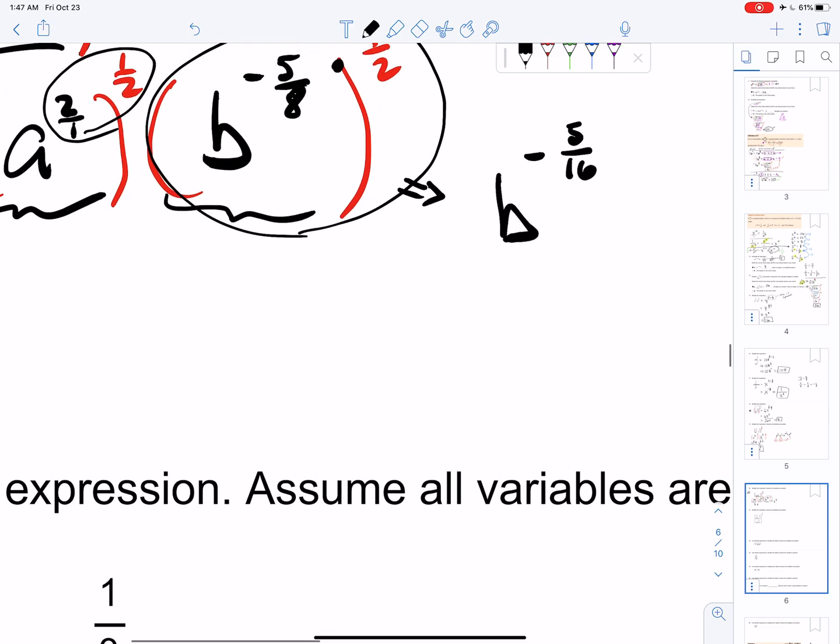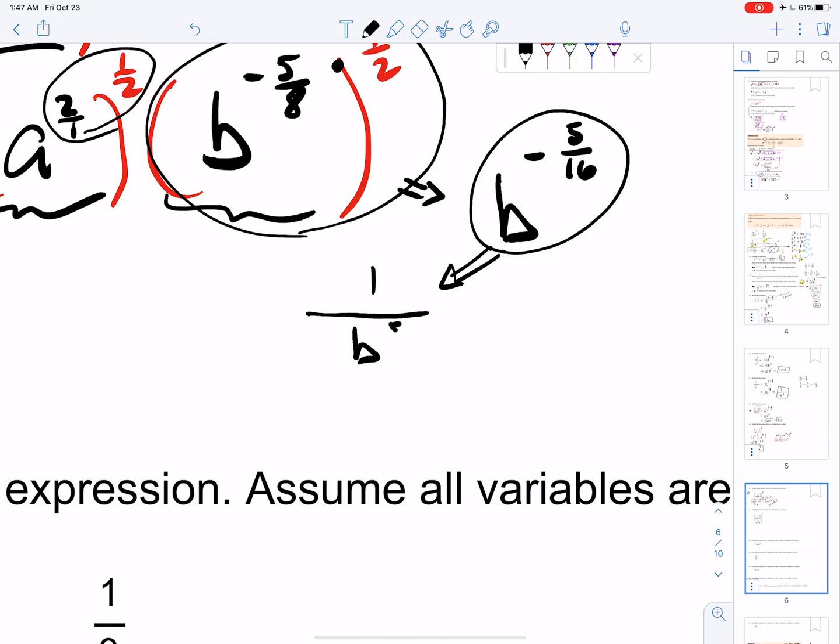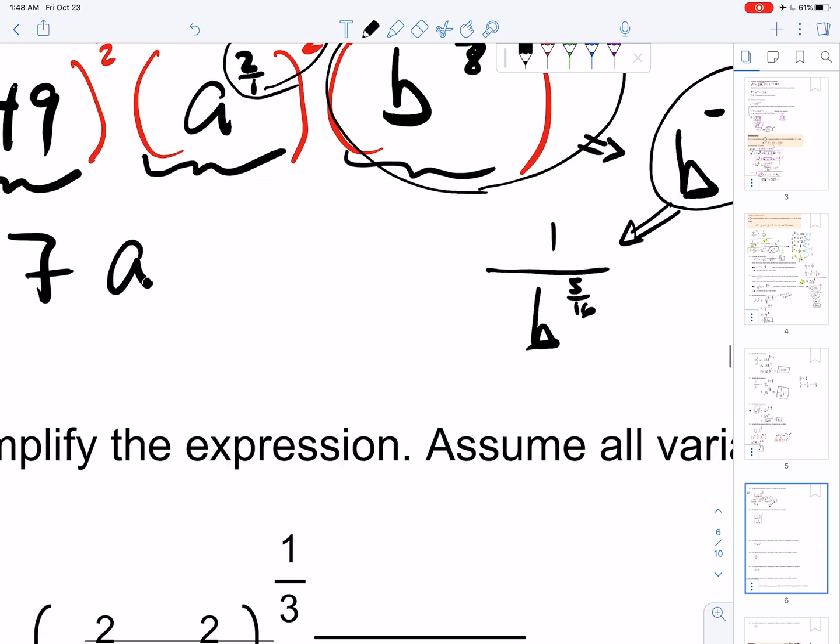But how do I deal with this negative exponent? Remember, I can deal with that by writing it as 1 over b to the positive 5/16. Okay, so that's what that is. It's 1 over b to the 5/16, which puts it in the denominator.